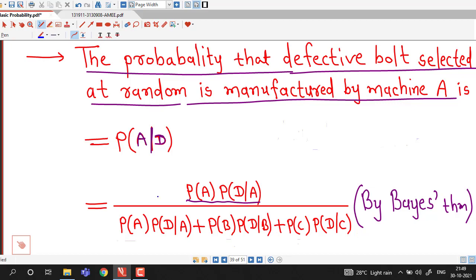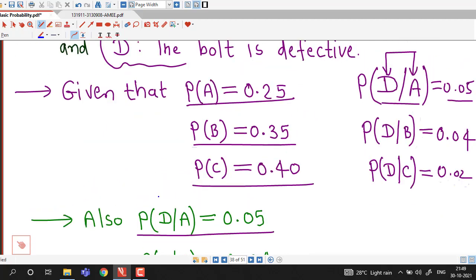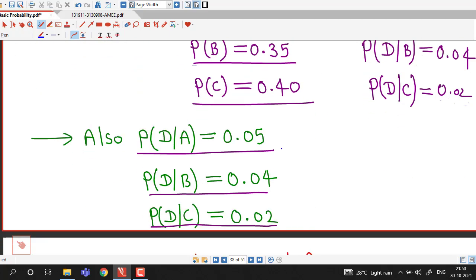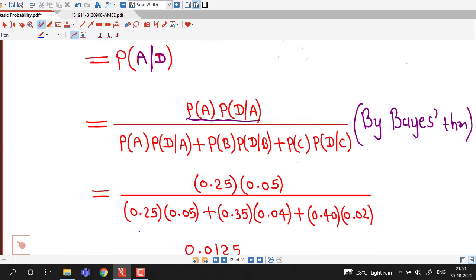First we find the probability that a defective bolt selected at random is manufactured by machine A. This is by Bayes theorem, and we have substituted all these values here. Probability of A is 0.25, probability of D given A is 0.05. Probability of B is 0.35, probability of D given B is 0.04, and probability of C is 0.40, probability of D given C is 0.02.